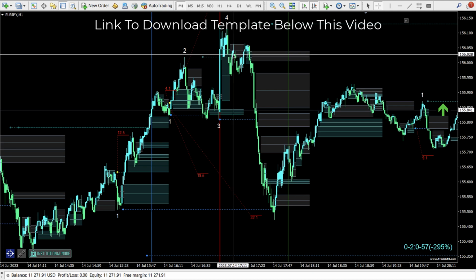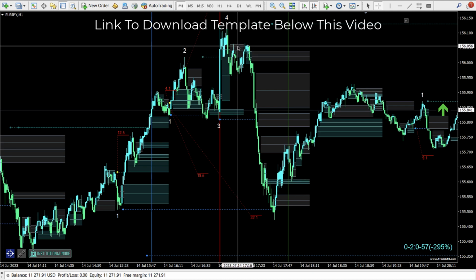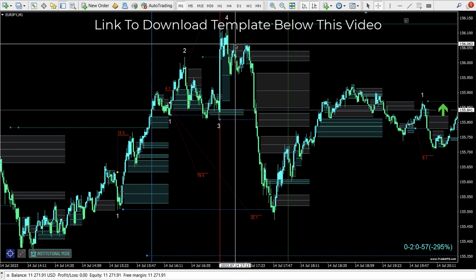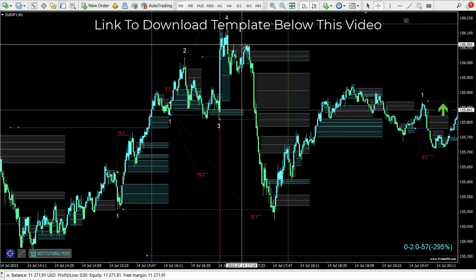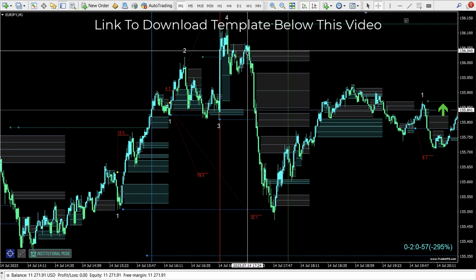It went back and tested the fair value gap. Sometimes it can test the high of the fair value gap, and this is a 1 minute chart, so it's better to use the close of the candle. As you can see here, it never closed above the top of the fair value gap.